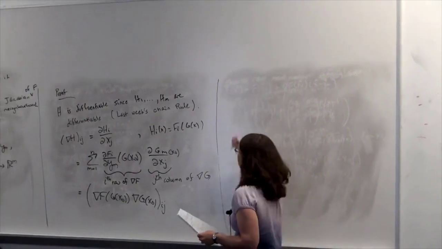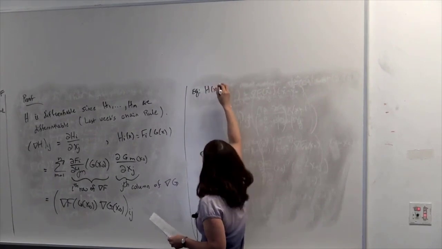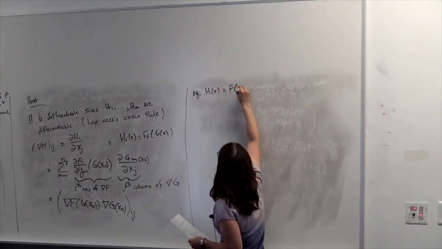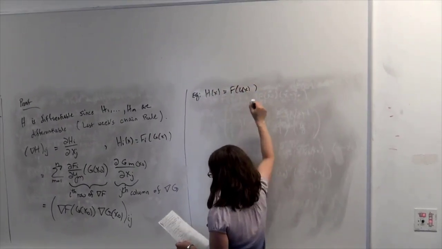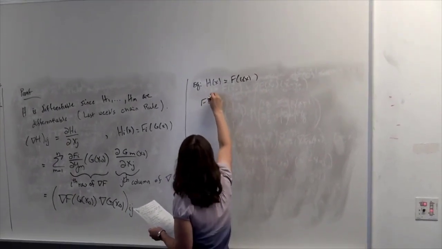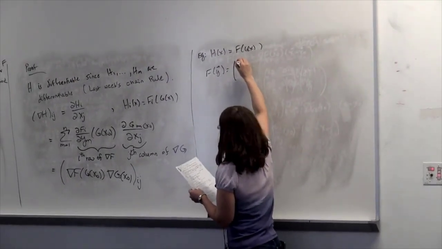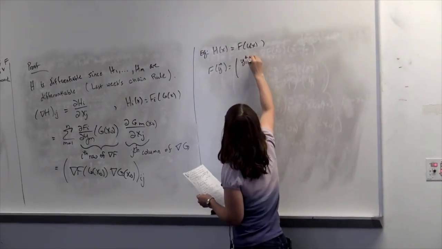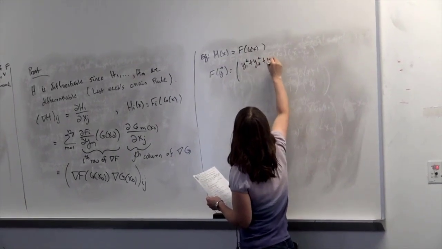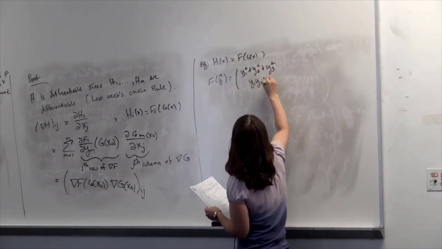Right, so if we want to take a concrete example, f of y is going to be y1 squared plus y2 squared plus y3 squared, with inputs y1, y2, y3.